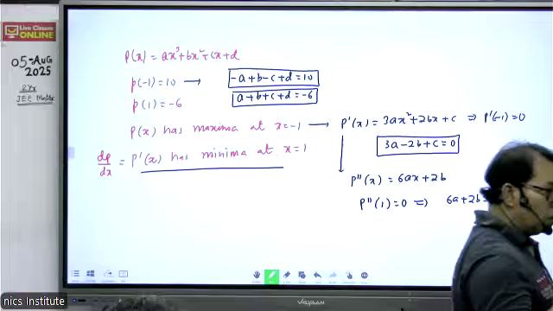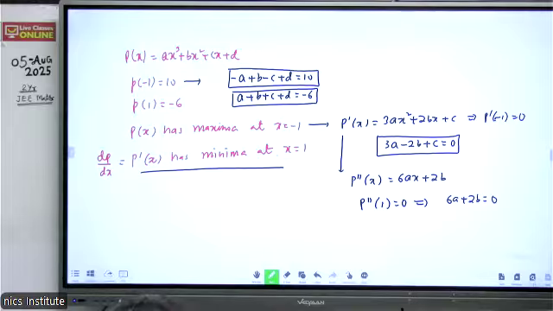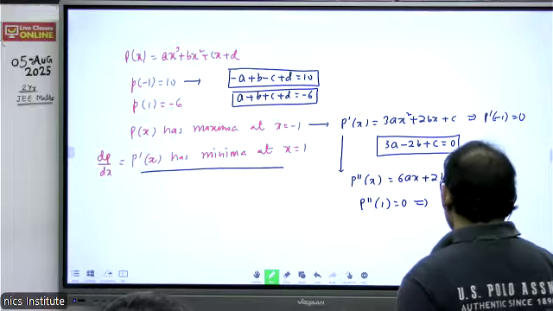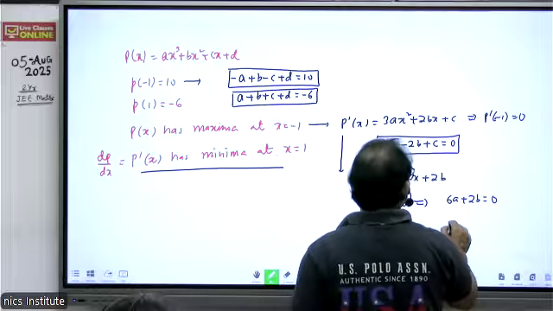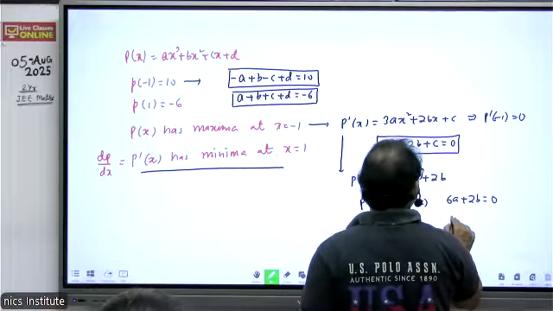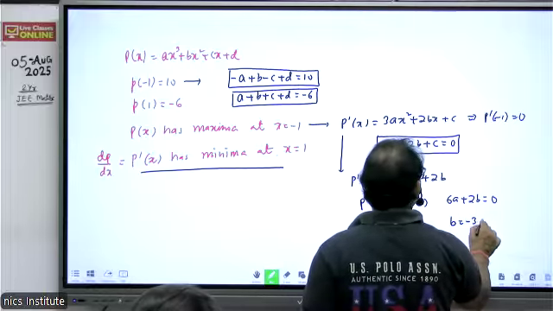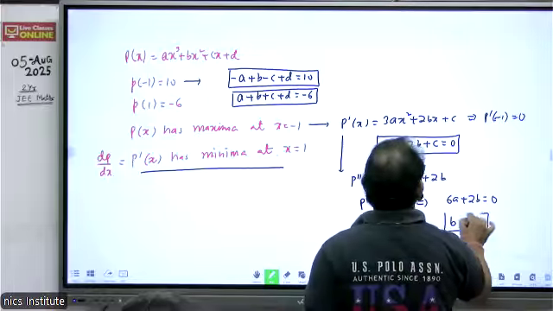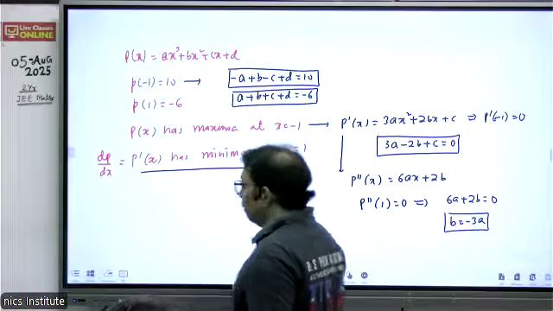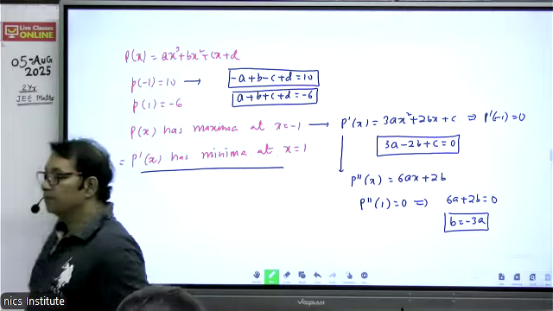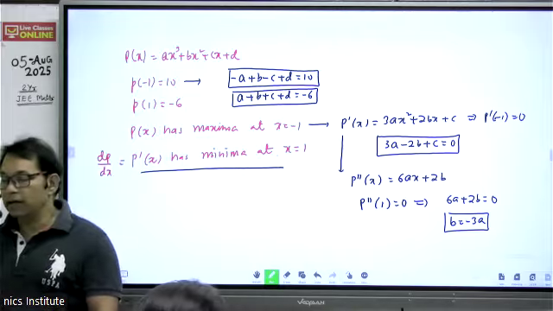At a point of local maxima or minima, derivative is 0 because tangent is parallel to x-axis. So this gives you b is equal to minus 3a. So I have 4 equations. Solve them. Take your own time, no hurry, and get the answer.